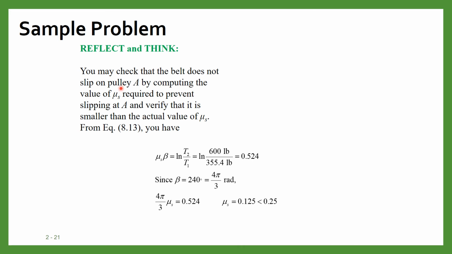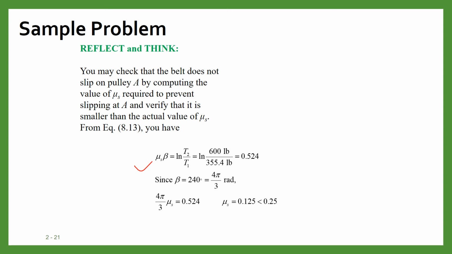Now from the solution we can check that the belt does not slip on pulley A. We can also check it by computing the value of mu s required to prevent the slipping at A, and then verifying it with the value of mu s. Applying this equation for the second pulley, this comes out to be 0.524 equals e to the power mu s beta.